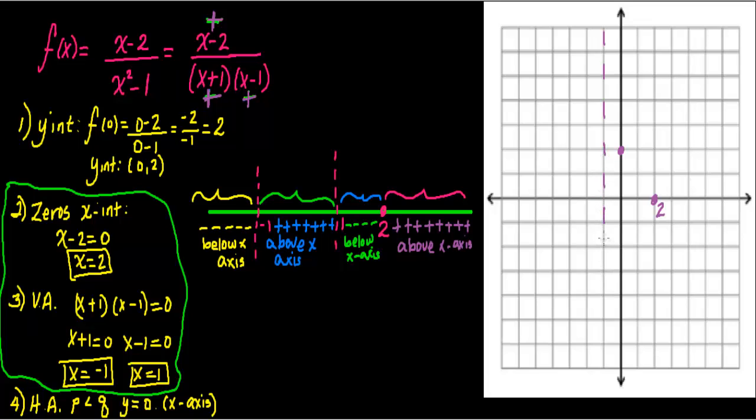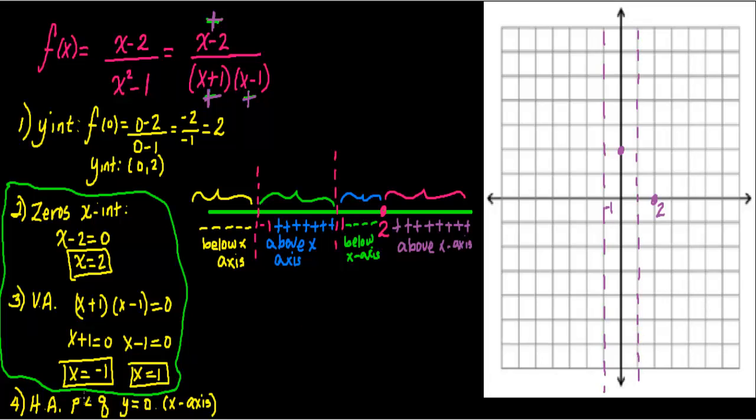It will splash up the wall, as if the wall had a force field that will not let the graph get near it. Here's one of the walls at -1, and here's another wall at x equal to 1 right here. This is my other vertical asymptote.